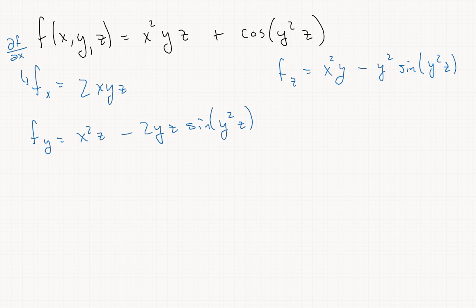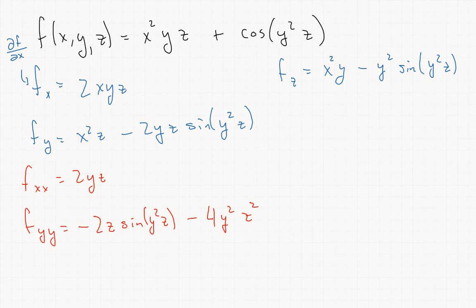So fxx we can see will be 2yz. fyy will be, so now we need to use the product rule, so we'll get negative 2z sine y squared z, and then minus 4y squared z squared cos y squared z, and fzz will be, so the x squared y goes away, so this will be negative y to the 4 cos y squared z.